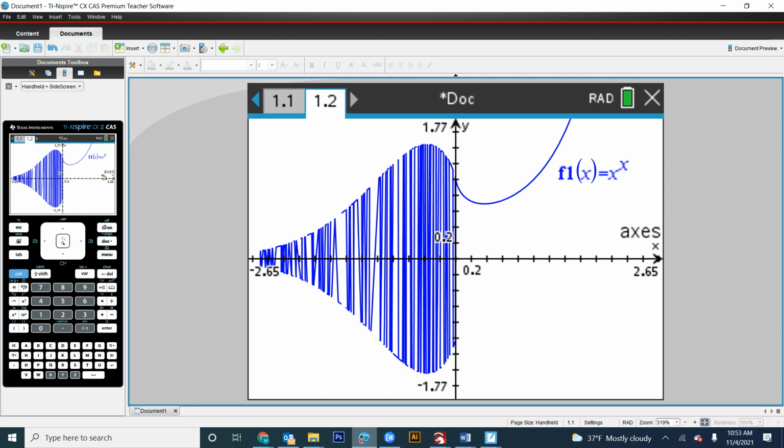What's 0 to the 5th? 0. 0 to the 4th. 0 to the 3rd. 0 to the 2nd. 0 to the 1st. 0 to the 0 equals 1. What's 2 to the 5th? 32. What's 2 to the 4th? What's 2 to the 3rd? What's 2 squared? What are we doing each time?